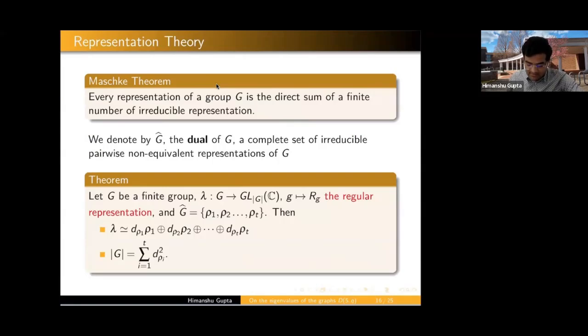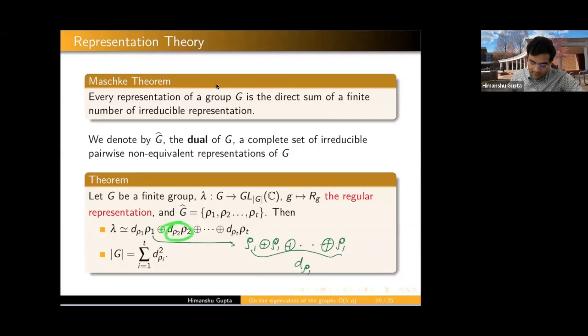And there is another theorem which says that if I have this regular representation, remember I introduced the regular representation, then the regular representation is a direct sum of all the irreducible representations, and each of them repeats as many times as its degree. So d_rho1 copies means rho 1 direct sum rho 1, direct sum rho 1, and so on, d_rho1 number of times.